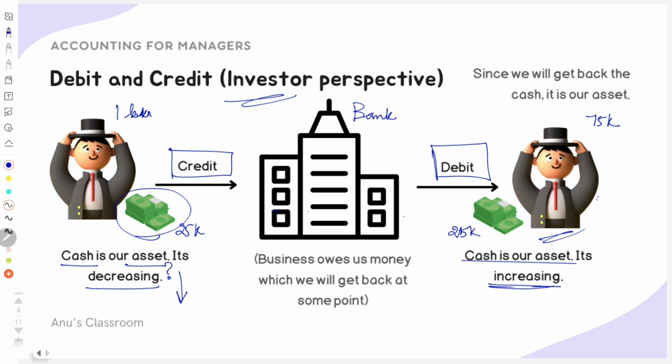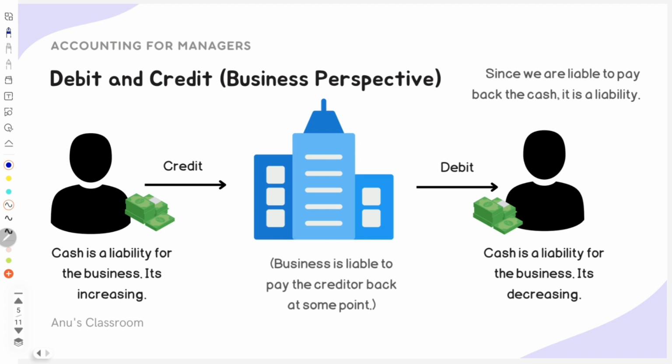Now let us look at the same transaction, but from the business or the bank's perspective. From the business perspective, when I get some money, say 25,000, I am liable to pay that person back. I am liable to pay 25,000 to that person whenever that person asks me for it. So what is this 25k for the business? It is a liability. Now when a liability increases, it is a credit transaction.